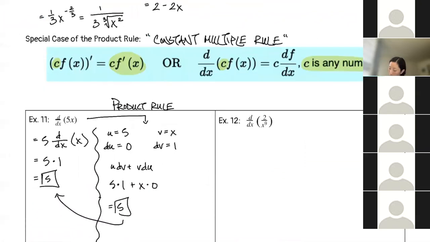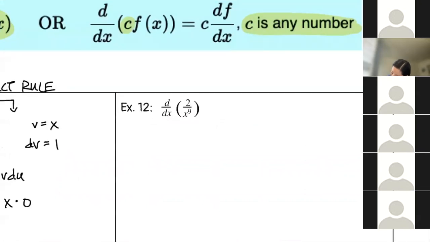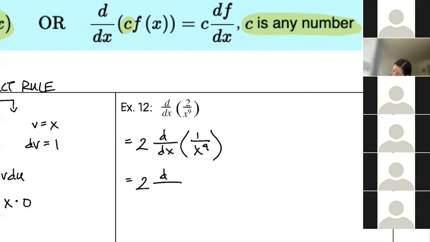But let's see this maybe in a different example. So maybe example 12 over here. What is the coefficient that I would want us to pull out of this expression? Great, so let's take the 2 out to the front. I'm really asking you to find 2 times the derivative of 1 over x to the 9th. How do I rewrite that function?